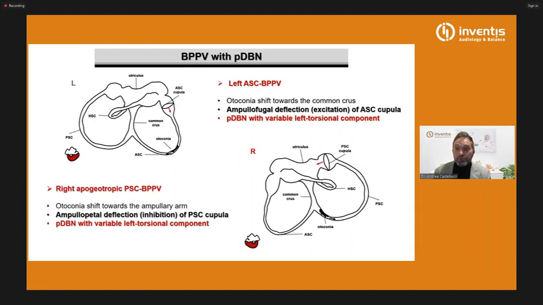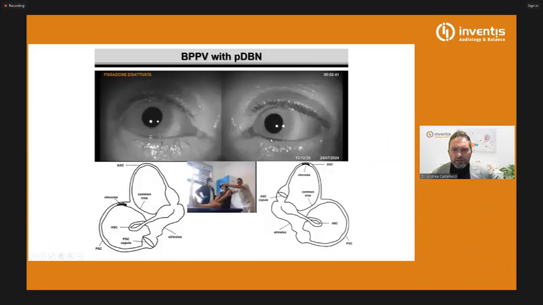But the same positional downbeat nystagmus with left torsional component might be obtained if we have otoconia that settle in the non-ampullary arm of the right posterior canal, so the contralateral posterior canal. Because in this case, when we bring the patient in the Hallpike or the straight head position, we bring these otoconia toward the ampulla of the right posterior canal, which is inhibitory for the right posterior canal. So we have a positional downbeat nystagmus with left torsional component. So you can see here that these two nystagmus are hardly distinguishable.